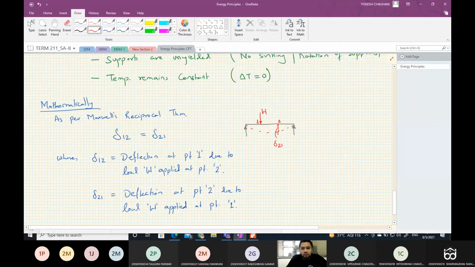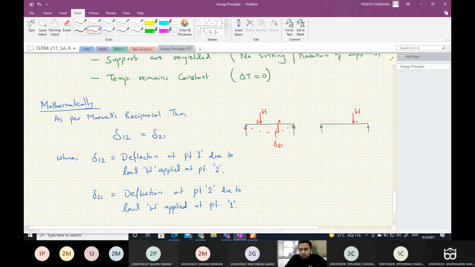This is the deflection at 2 due to the application of load W at point 1. And similarly, for the same beam, now the load W is applied at 2.